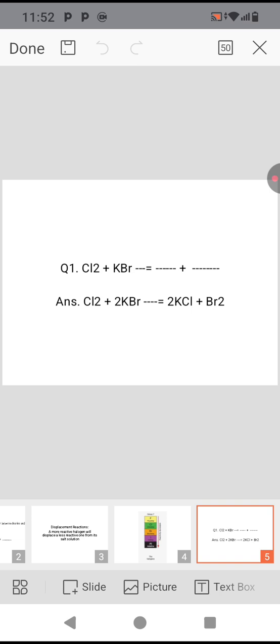So here where we have KBr, the Br will be replaced with Cl. Cl will take the place of Br because Cl, which is chlorine, is more reactive than bromine. So you can see the answer: chlorine plus potassium bromide gives potassium chloride and bromine.